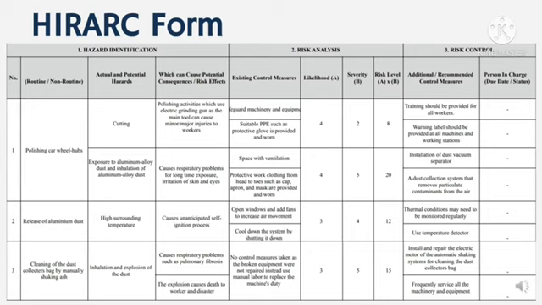Next, the second hazard is exposure to aluminum alloy dust and inhalation of aluminum alloy dust. The risk effect of this hazard is cause respiratory problems for a long time exposure, irritation of skin and eyes. The existing control measures for this hazard is space with ventilation and protective work clothing from head to toe such as cap, apron and mask are provided and worn.